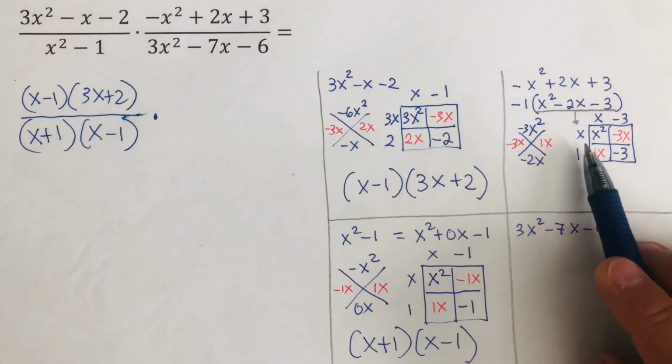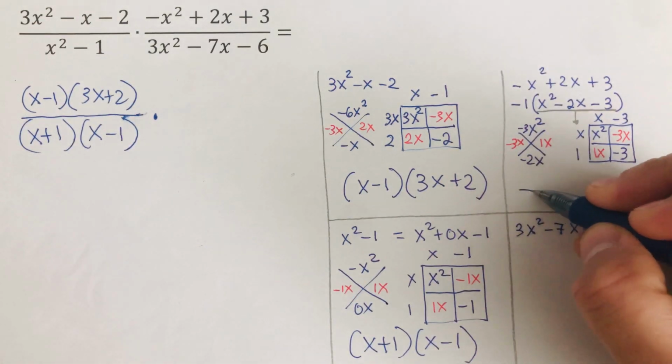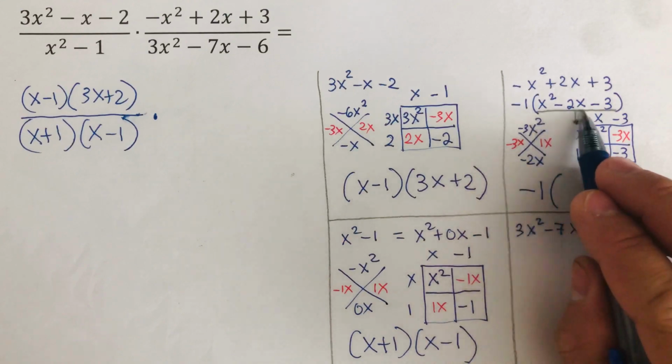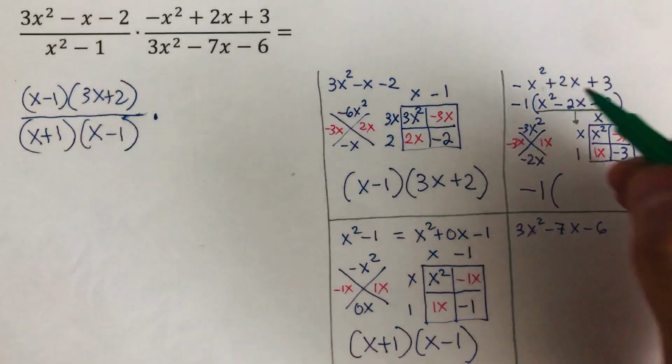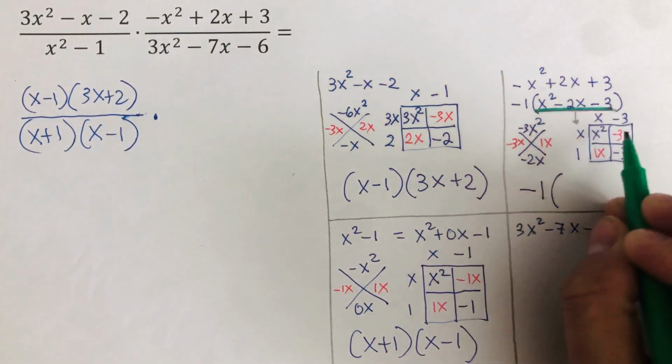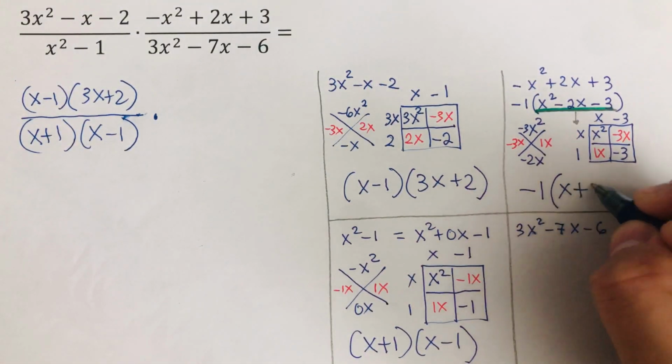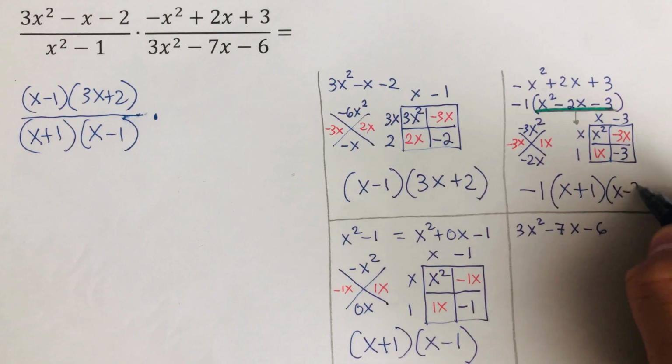Okay, so the factors for this would be, we write the negative 1 first because that's part of it, times the factor for this part only. So again, this part is this factor right here. So that is x plus 1. And then we have x minus 3.